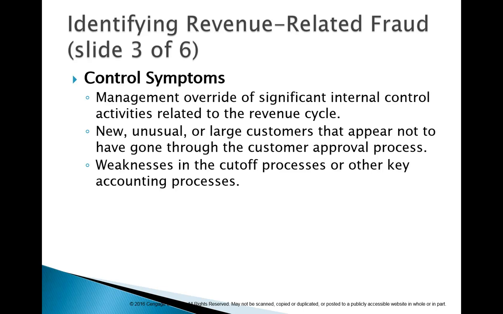Right? So if there appears to be weaknesses in the cutoff process at year end, because right at year end, at December 31st, they need to stop shipments and do their inventory counts.